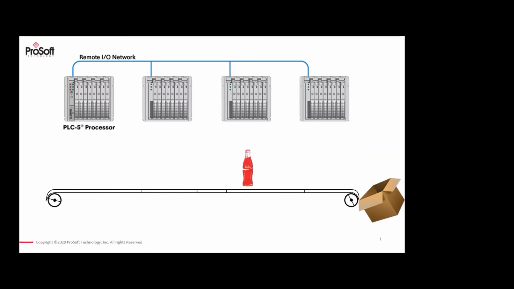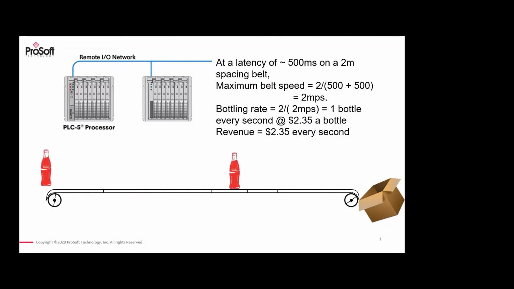The fastest your belt can travel would be proportional to the rate you can tell the I/O to start the belt, plus, because communication to different I/O blocks is not instantaneous, the time it would take you to tell the I/O to cap the bottle. That comes up to 2 meters per second.